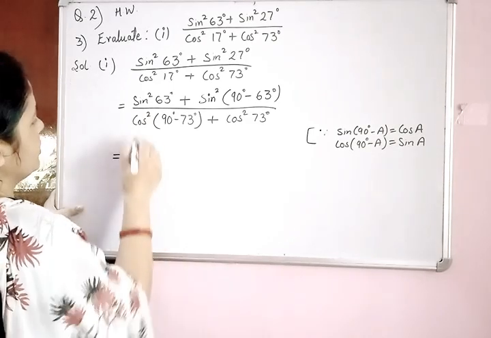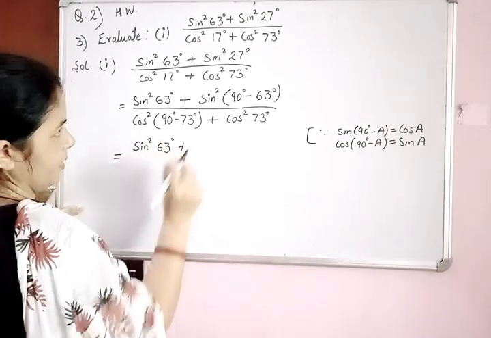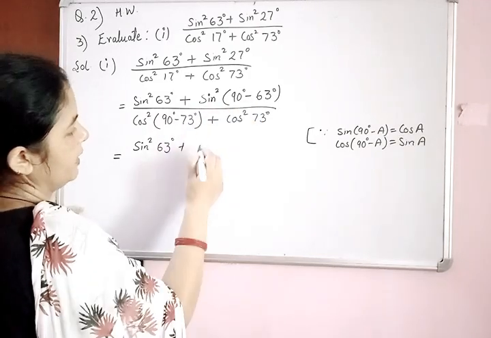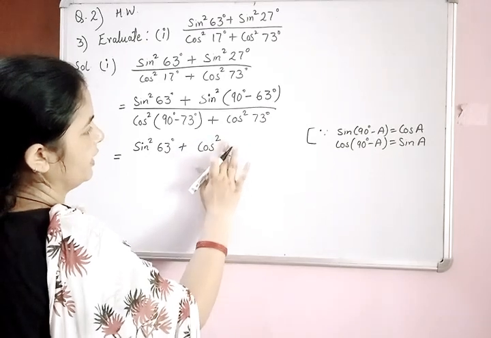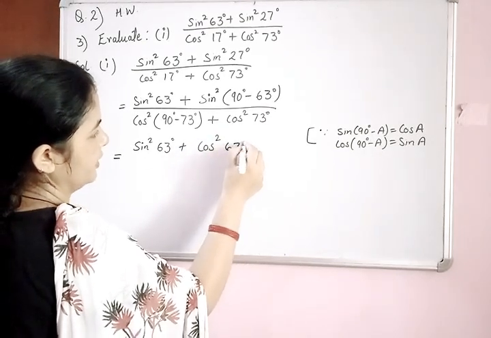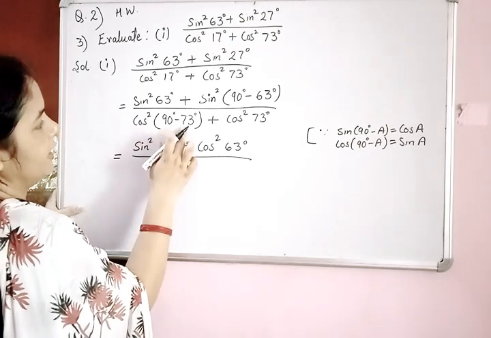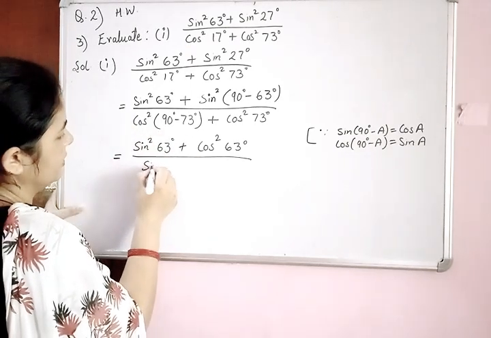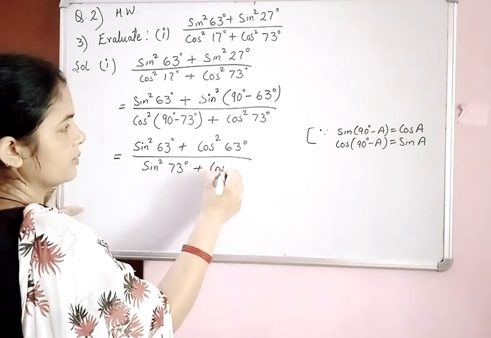So sine square 63 degree same, sine square 90 degree minus a is cos square a, and a is 63 degree, so I will write here 63 degree upon cos square 90 degree minus a is sine square a, so sine square 73 degree plus cos square 73 degree.